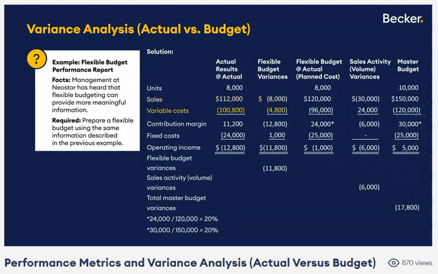Variable costs were 100 versus what they should have been, 96. That's a more meaningful comparison because it's the same volume of activity, 8,000. So that's an unfavorable variance, and variable cost per unit of 12.6 is greater than what it should have been, 12. And then our contribution margin per unit, again, a margin of 10%, it should have been 20%. It was only 10%, 1.4 per unit versus what it should have been, 3.